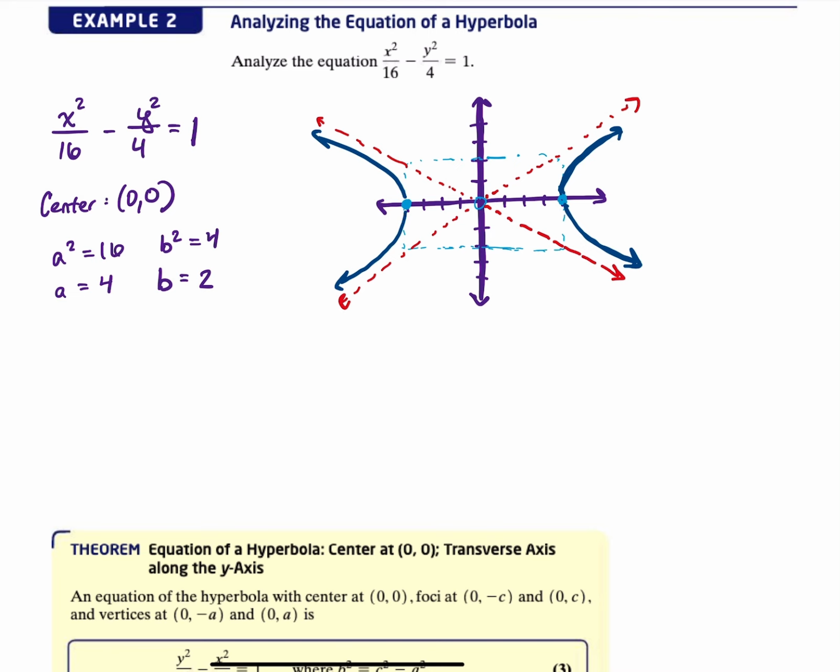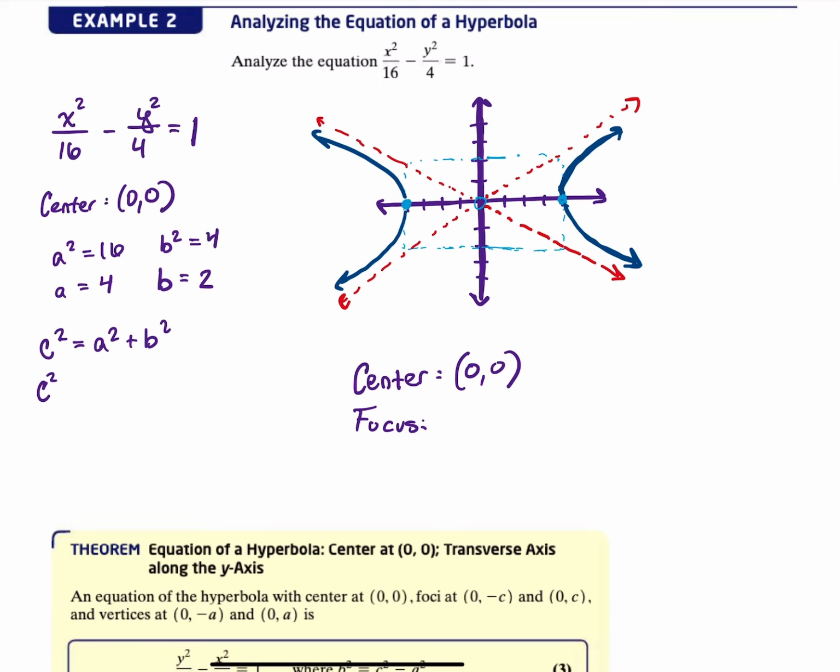So we said the center point is 0, 0. The focus points. So we need to find c in order to list those out. So let's use c squared equals a squared plus b squared.